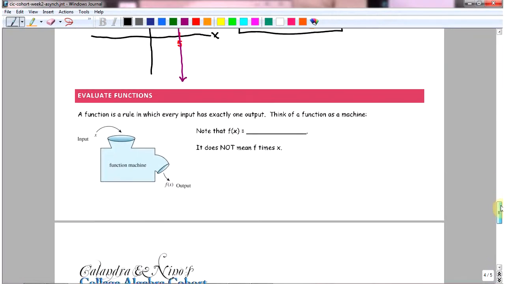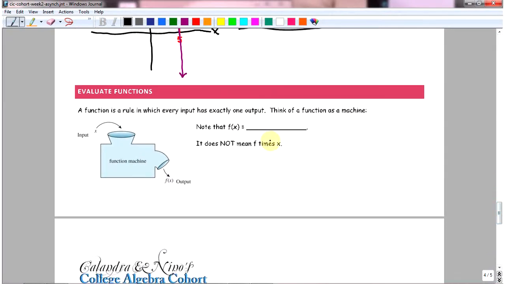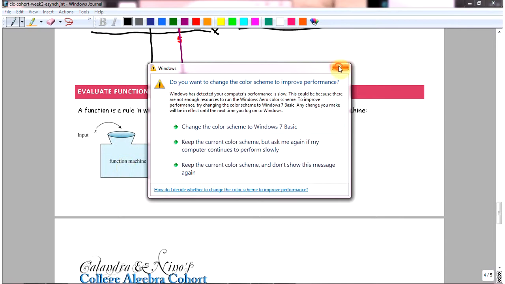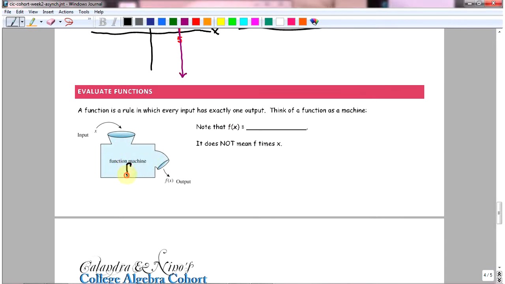The next topic we're going to be looking at is evaluating functions. A function is a rule in which every input has exactly one output. Think of a function as a machine. So if we put x into a function, and let's say that the name of this function is f, then the output is denoted by f of x.